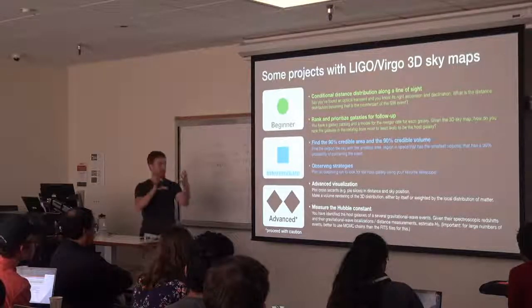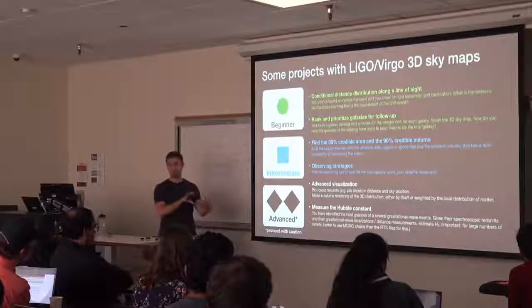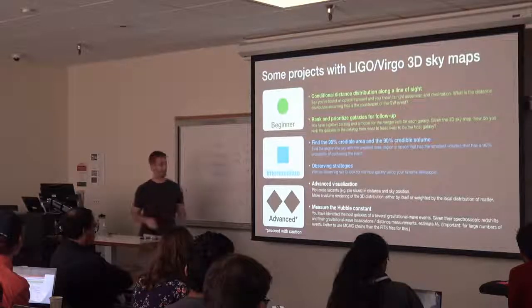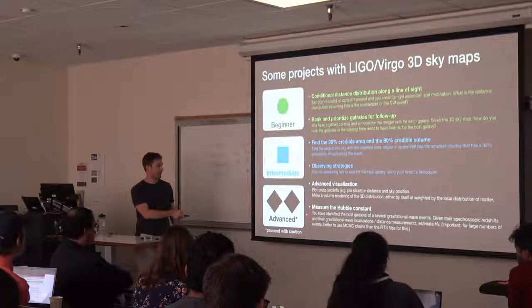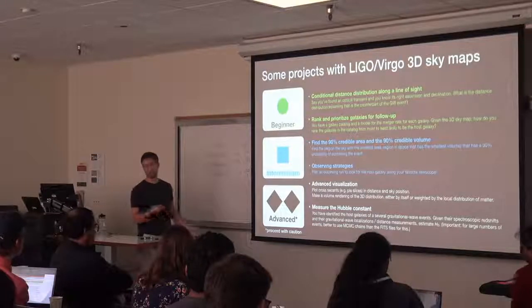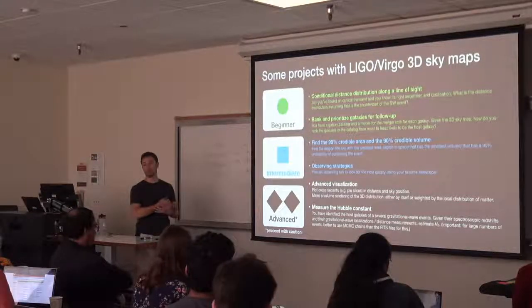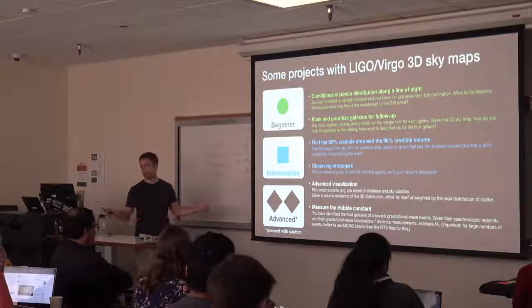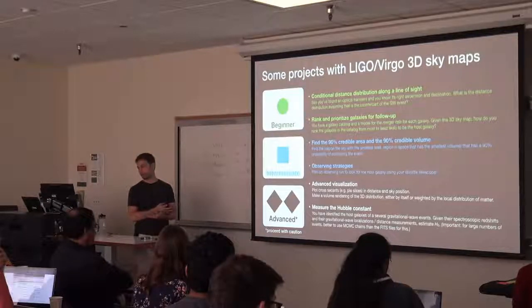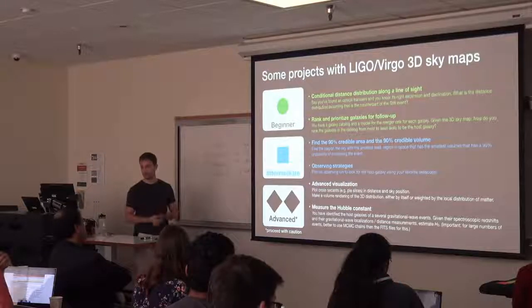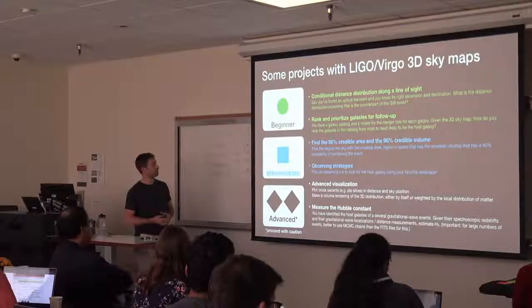Volume images of the distribution, either by itself or combined with a galaxy catalog. And lastly, you can measure the Hubble constant by combining redshifts of a bunch of optical counterparts and localizations of a whole bunch of gravitational wave events. So just some ideas if you want to play around outside the session today.